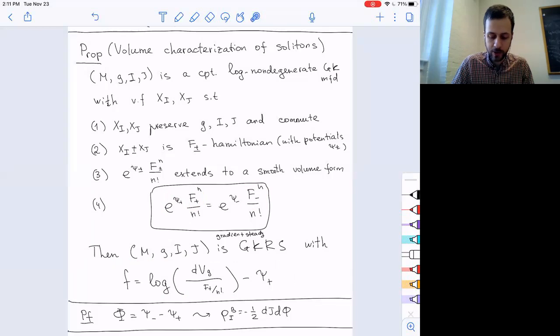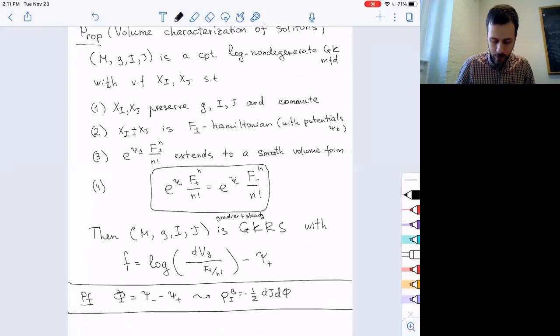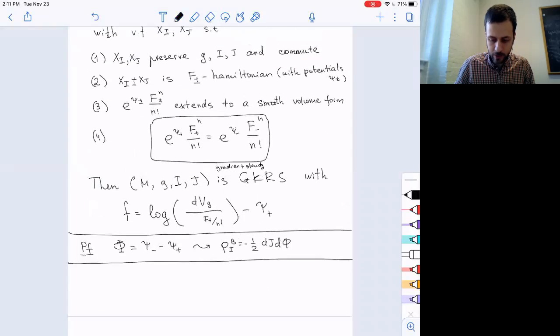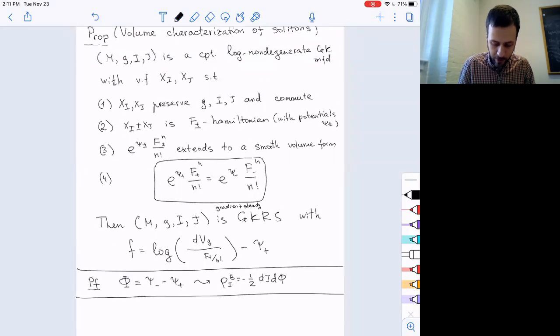And morally, as I mentioned last time, one can think about this as some sort of Monge-Ampère equation. In Kähler geometry, Monge-Ampère equations are characterized by certain identities on the volume forms of Kähler manifolds. So our goal for today is to set up a variational interpretation.